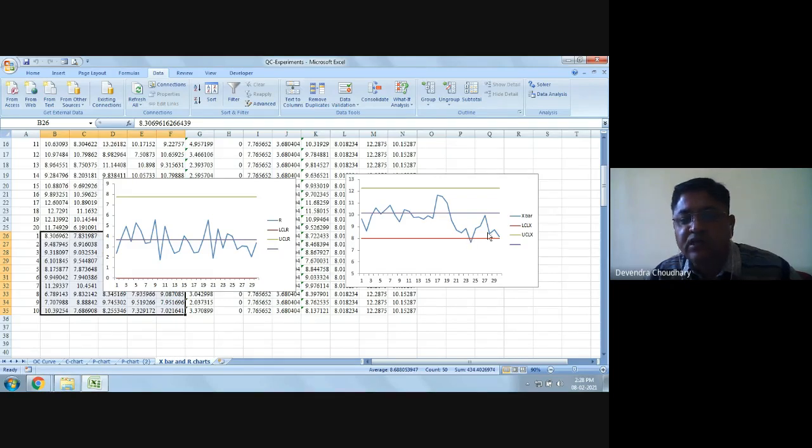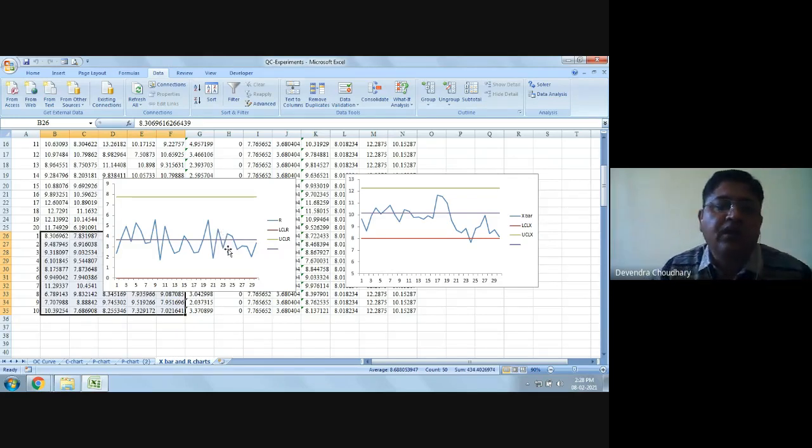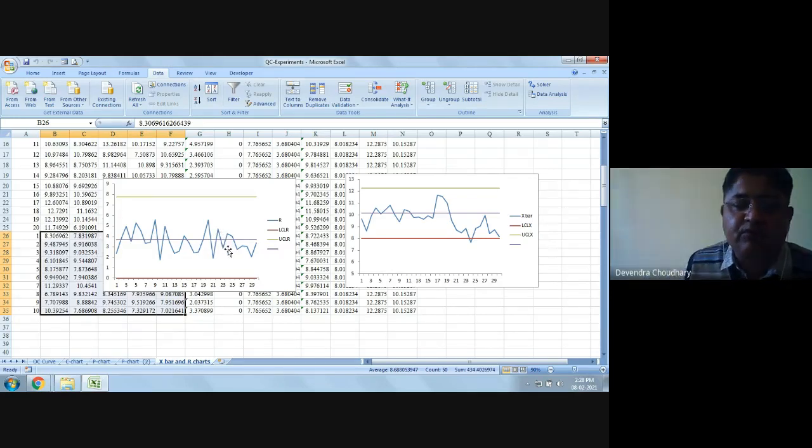So this clearly shows when you see most of the observations fall on one side of the center line, then you can observe that process mean is trying to shift in that direction. But R chart is not showing any indication of shifting mean.